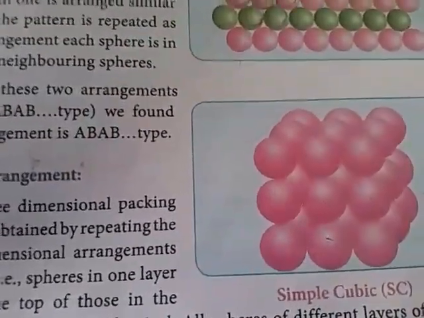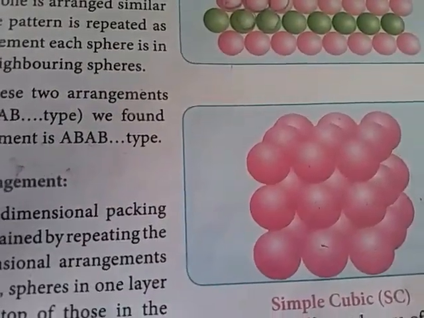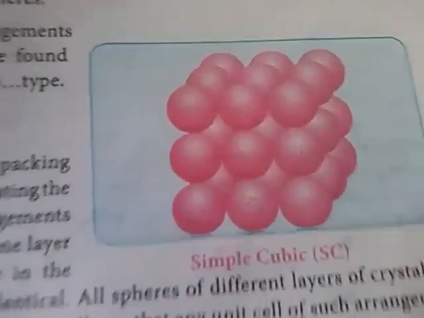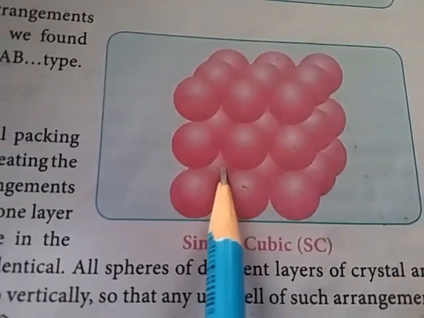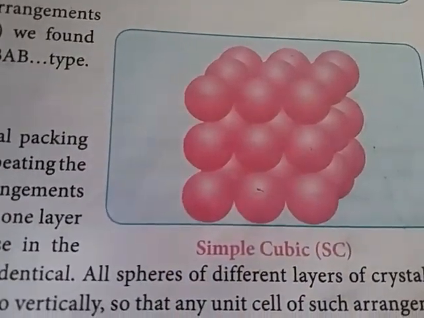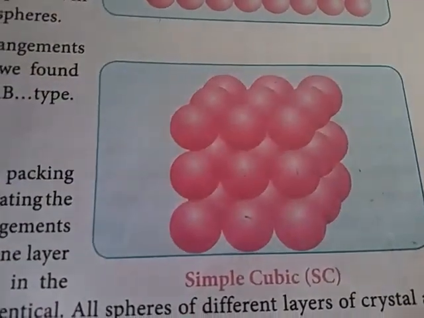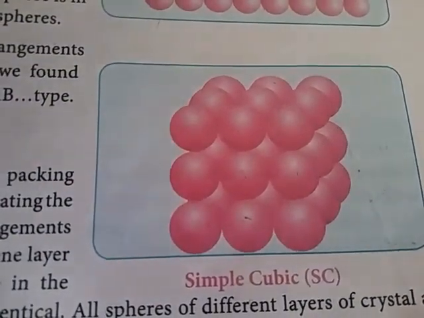Here there is some free space between the spheres of a single layer and the spheres of successive layers. If you look here, this is the space occupied between these spheres. So the packing efficiency is nothing but the percentage of total volume occupied by the constituent spheres of an arrangement.